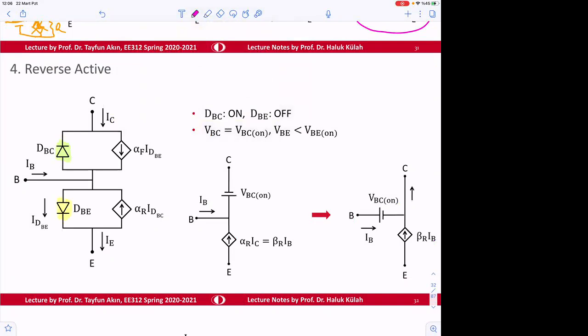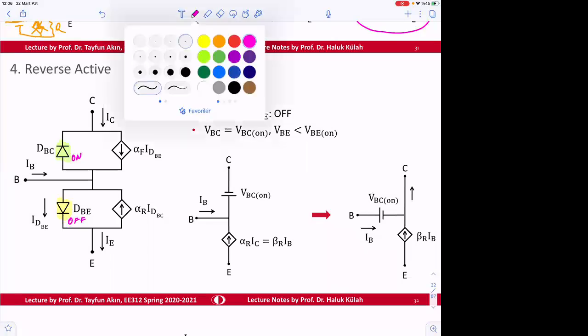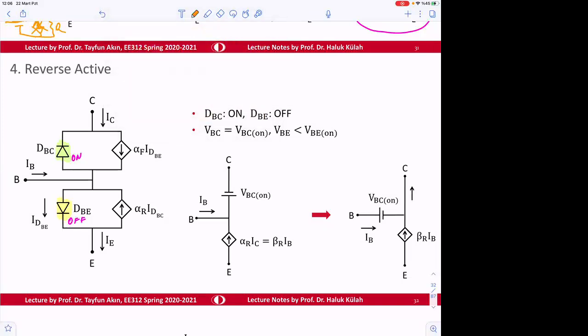So this one is off, this one is on. And since this is on, this is going to be replaced with a voltage source. And then this will be coming in parallel.